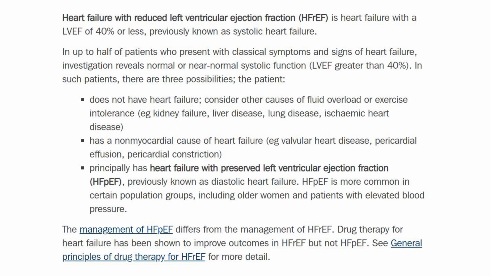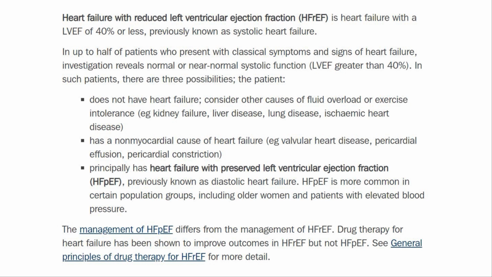Okay? So in HFrEF, let's say the heart filled with 100 units of blood. The ejection fraction being less than 40%, which is the definition of HFrEF, would be only 30 units of that got ejected into the aorta. And so you'd say they have a 30% ejection fraction, which is less than 40, and they have heart failure.